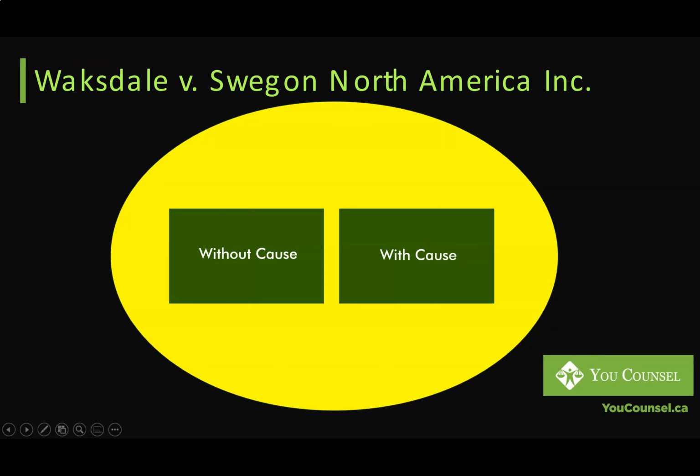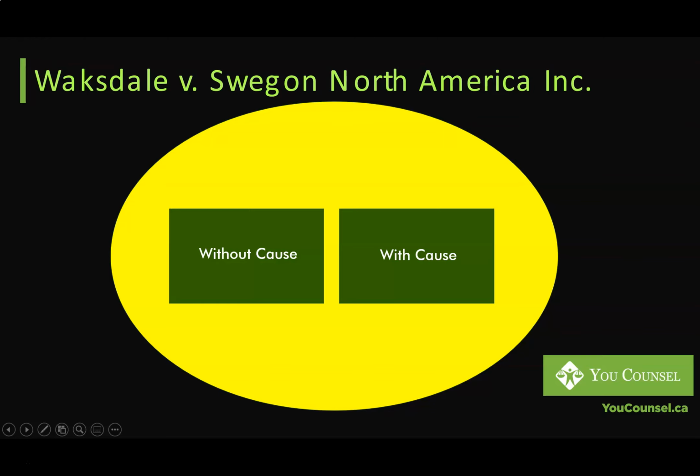In this case, there were two termination clauses in Mr. Waksdale's employment contract. The without cause termination clause was valid, properly drafted, and enforceable. The with cause termination clause, however, was unenforceable because of its language, and the parties had agreed that this is the correct interpretation of the clauses. Now, Swigan North America argued before the court that because Mr. Waksdale was terminated on a without cause basis, this clause should apply.